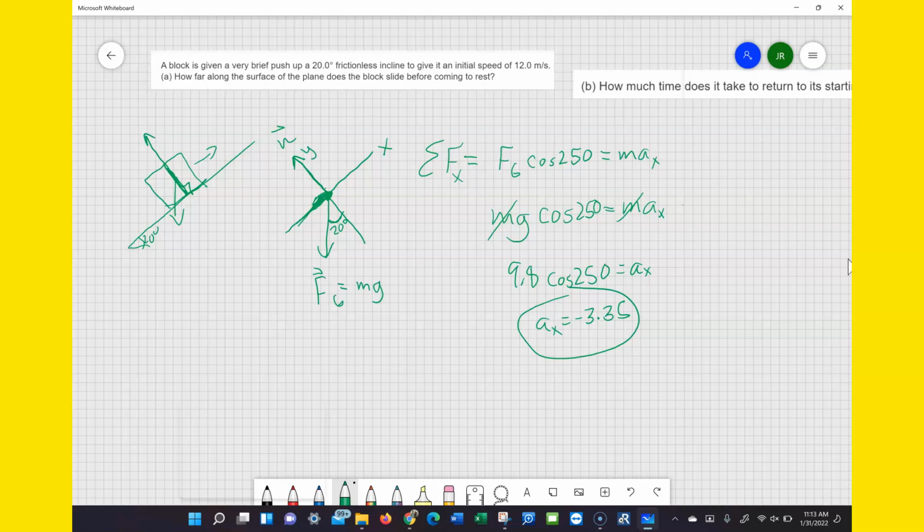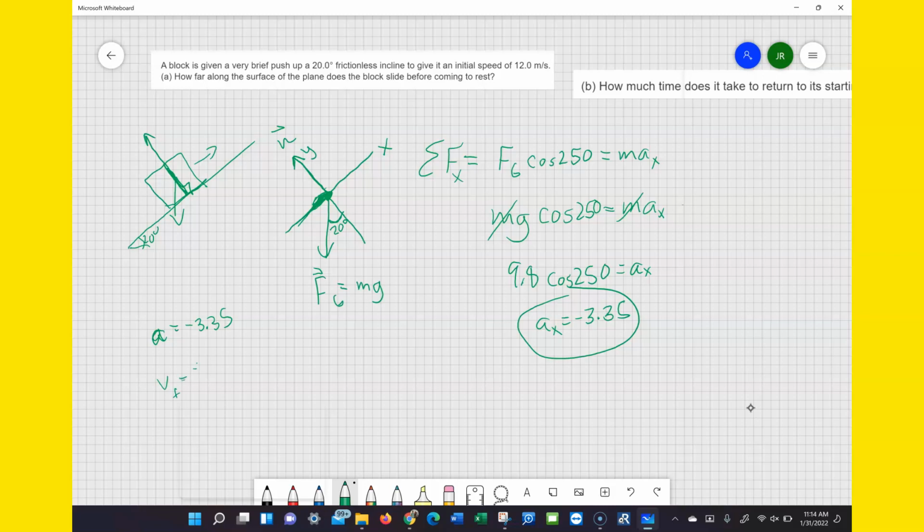All right, now I haven't answered the question yet. How far along the surface does the block slide before coming to rest? From here, you can use different equations to do this, but I'm going to just start here. A equals negative 3.35.